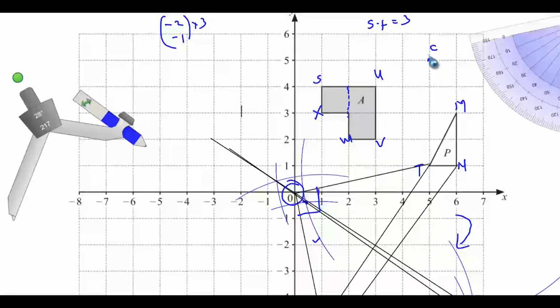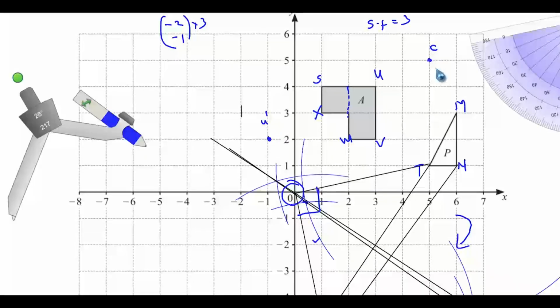If you understand what you are doing, you can do it without writing this, but in case you lose the counting, it's better to always do it like this. So from the center of enlargement, you count 1, 2, 3, 4, 5, 6, then 3 downward, 1, 2, 3. So the point will be here. I can call this U prime, that's the image of this point.